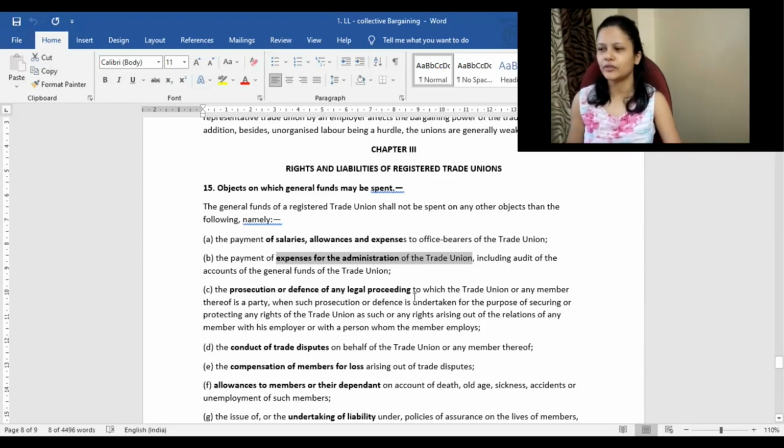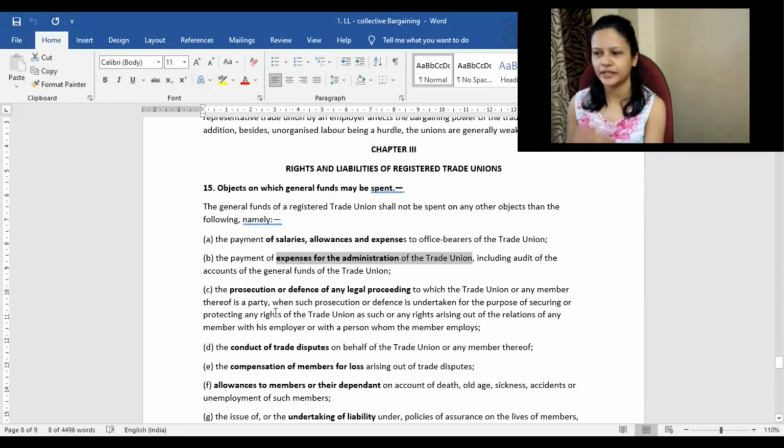It's not just about the trade union, but even if something is filed against members relating to the purpose of the trade union, might be they were fulfilling its terms or conditions, there are cases filed. That time also it will be utilized from the general fund itself.